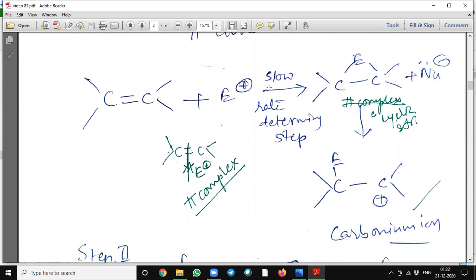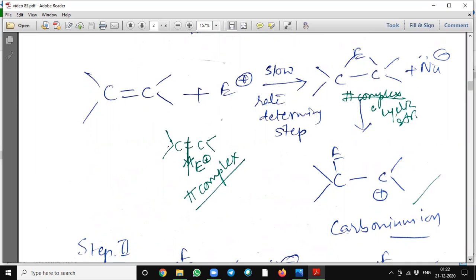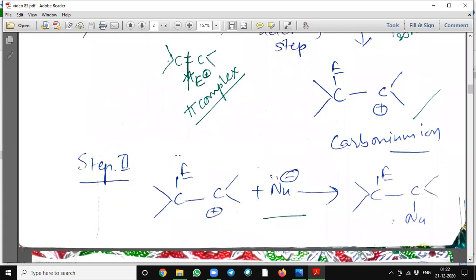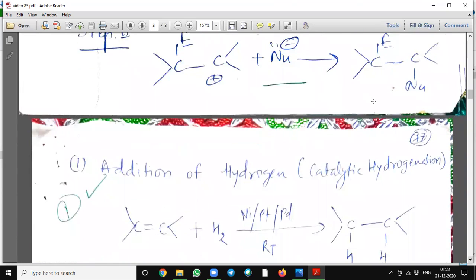See here, it is a slow, rate determining step, and it will form this cyclic structure, and then after that it will give a carbocation. In the second step, this nucleophile, which is slightly electron rich, adds to the carbocation, which is electron deficient, and it will form the addition product.